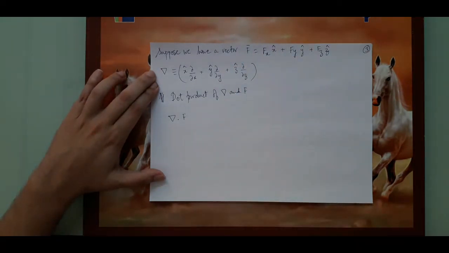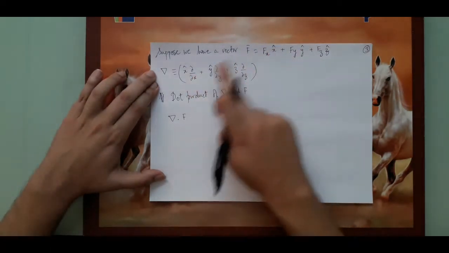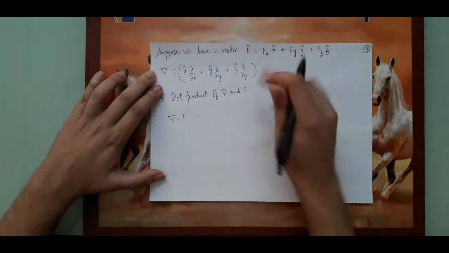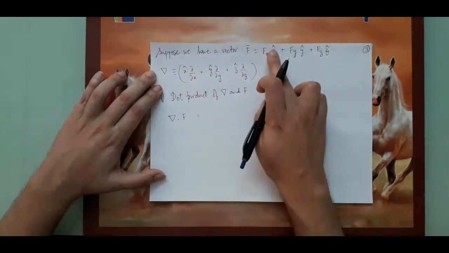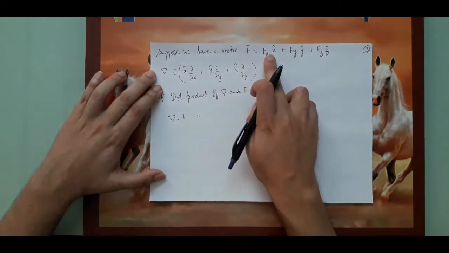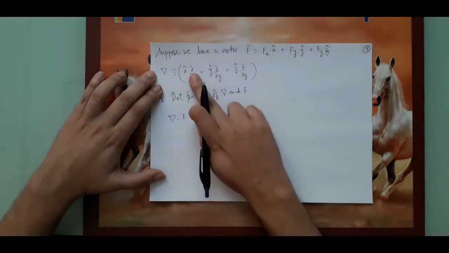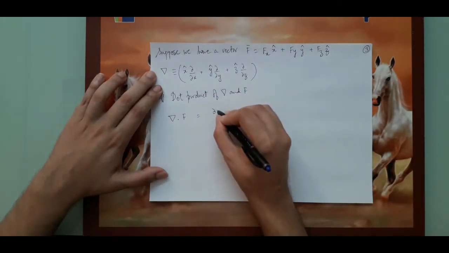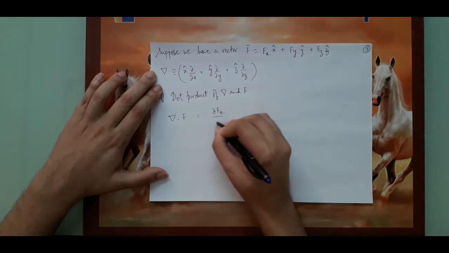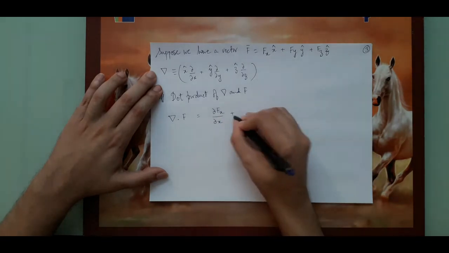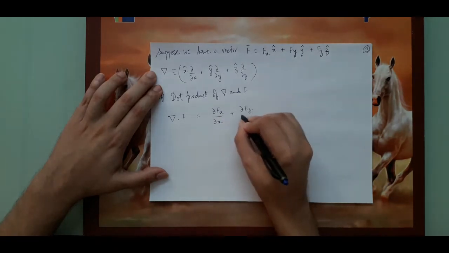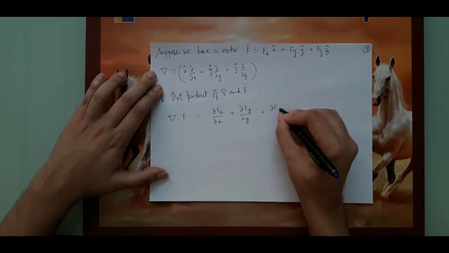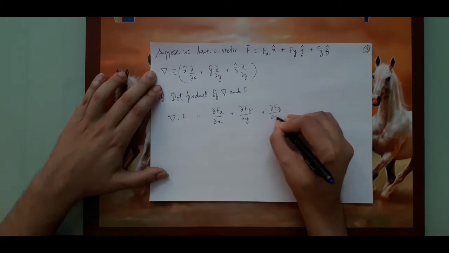The dot product is very easy to calculate. You just have to multiply the corresponding terms. So in this case, it will become the individual derivatives of the x, y, and z terms and the sum. So this will be del fx by del x plus del fy by del y plus del fz by del z.